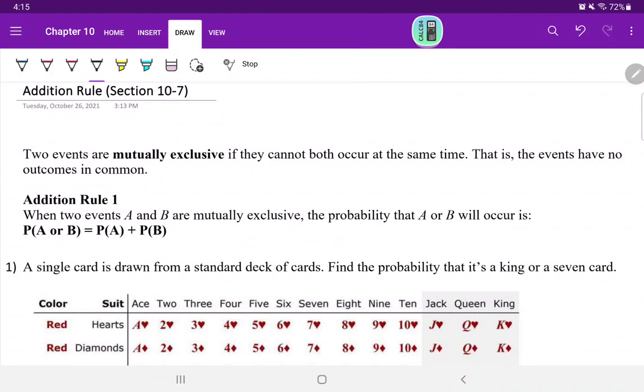Now, let's understand what mutually exclusive represents. Two events are mutually exclusive if they cannot both occur at the same time. That is, the events have no outcomes in common. For example, two events are mutually exclusive if one event and the other event cannot happen simultaneously.